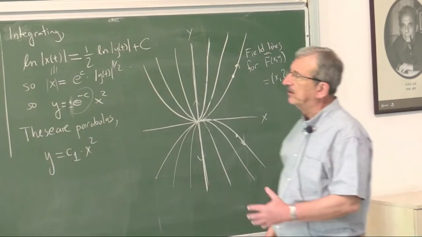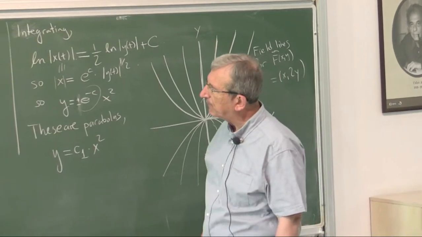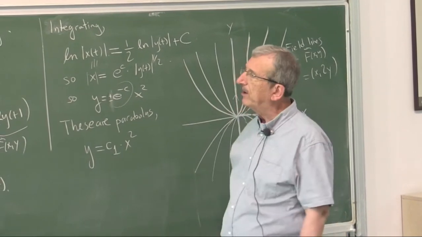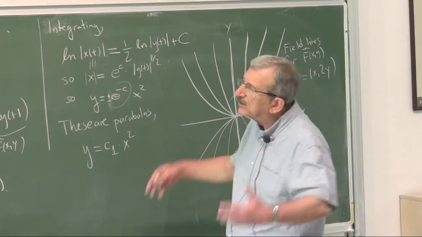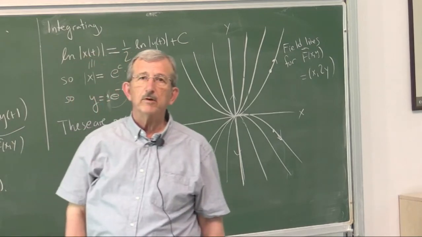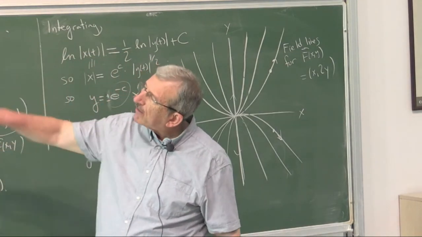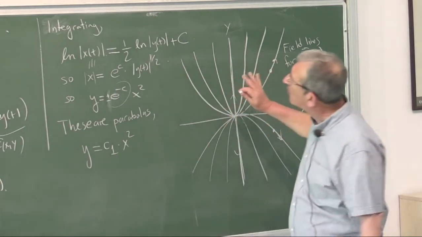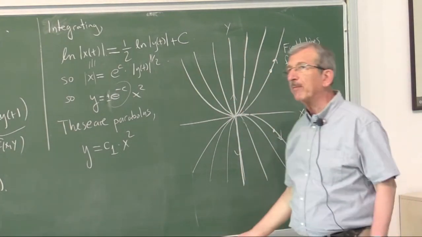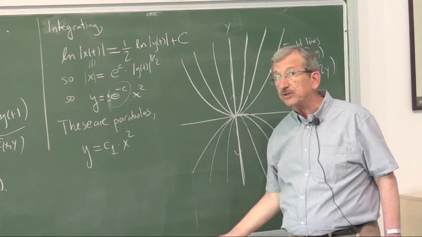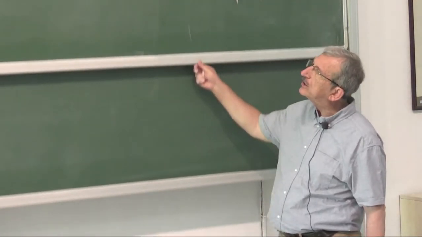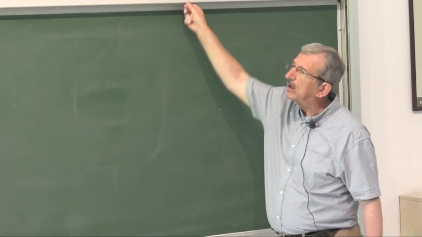Well, this method of finding field lines, of course, is quite complicated if you have, for example, even such a simple thing as x plus y instead of x. You can roughly sketch the picture, but obtaining these curves exactly can be problematic even if you have nice functions, because it involves solving differential equations, which is far beyond our scope.